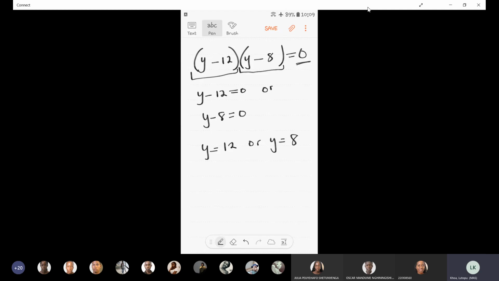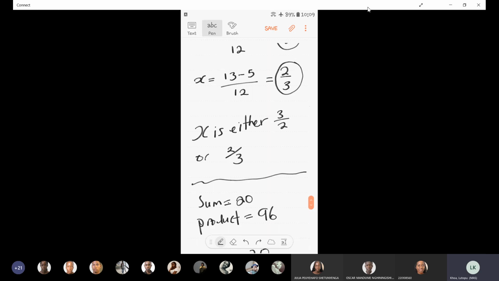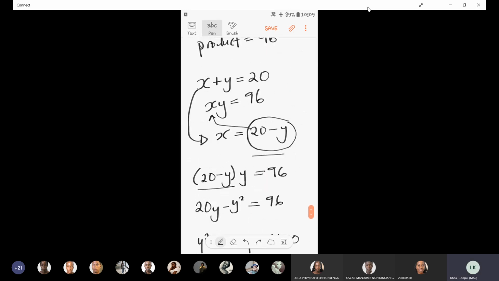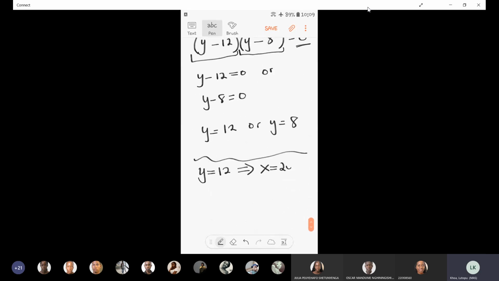Now if y is 12, this means that x is equal to 8 because I use this equation. Let me not skip it, let me just write it. So we know that x is equal to 20 minus y. So this is 20 minus 12. I will get x is equal to 8.